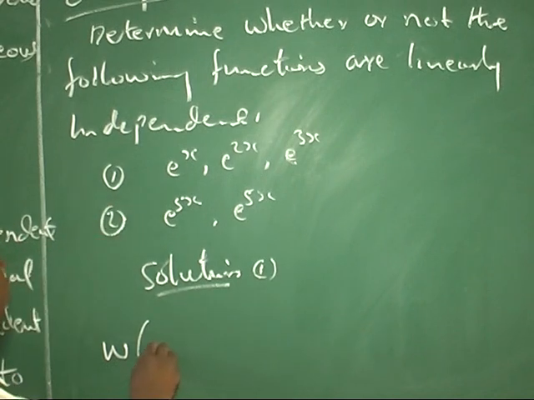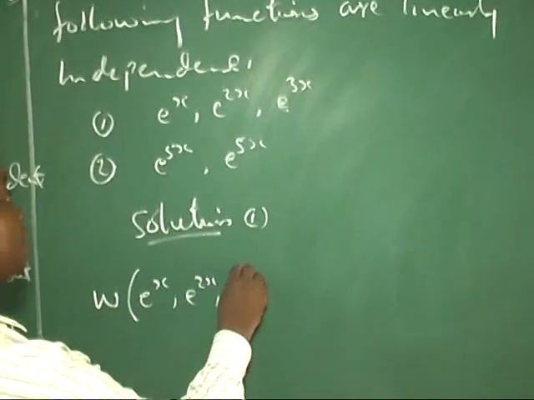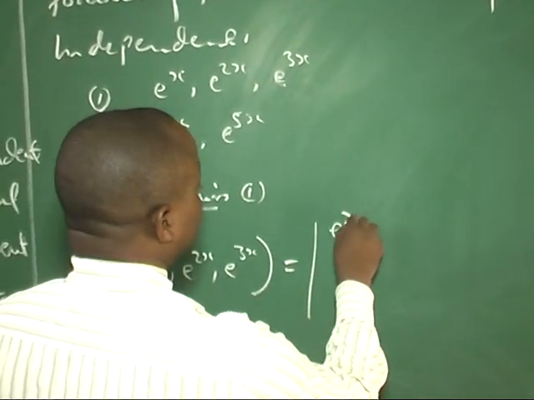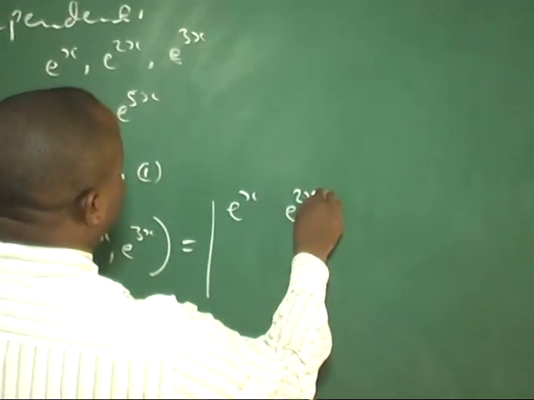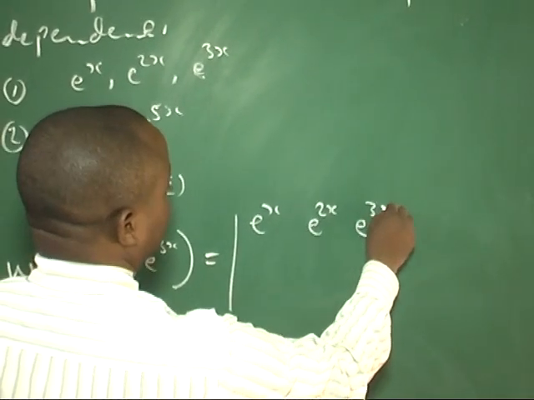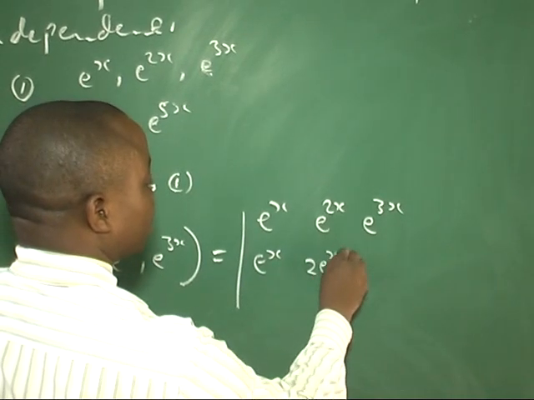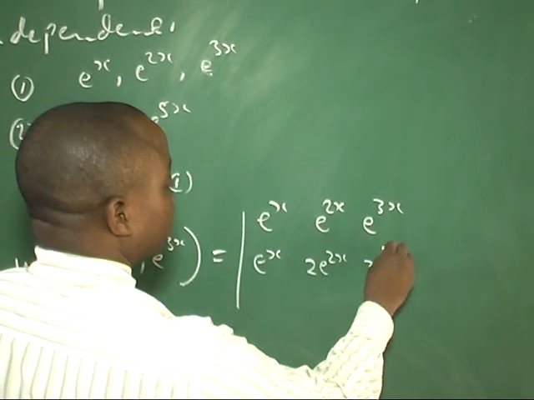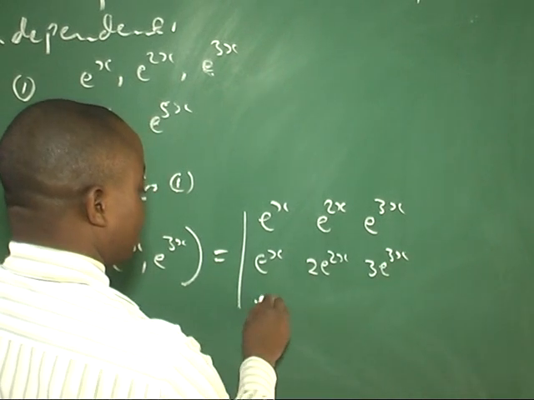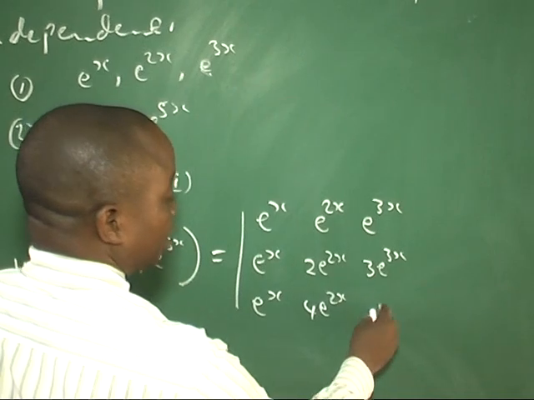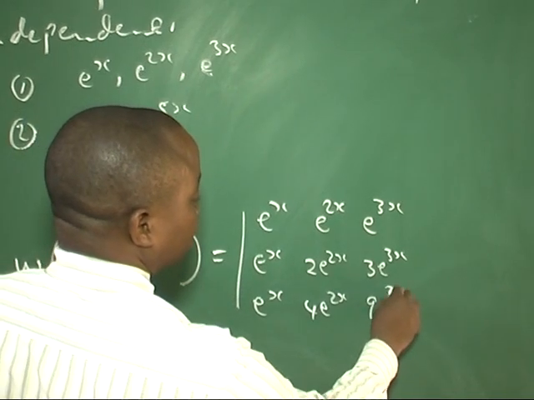Then the Wronskian of exponential x, exponential 2x, and exponential 3x, which will give us a 3 by 3 determinant. So this is exponential x. Differentiating this, we have exponential x, exponential 2x, exponential 3x, and so on: 4 exponential 2x, and this is 9 exponential 3x.